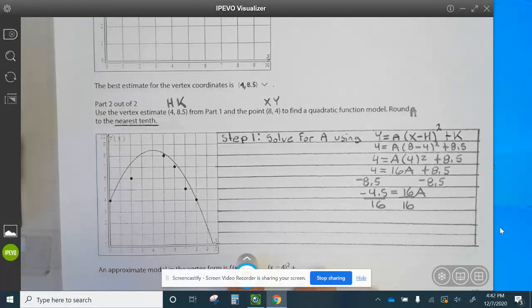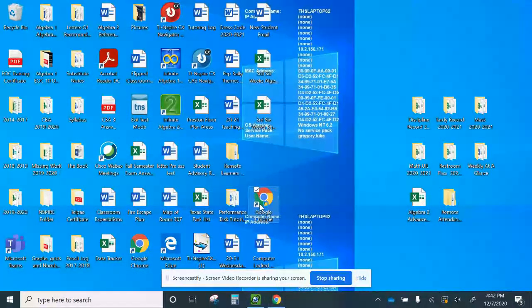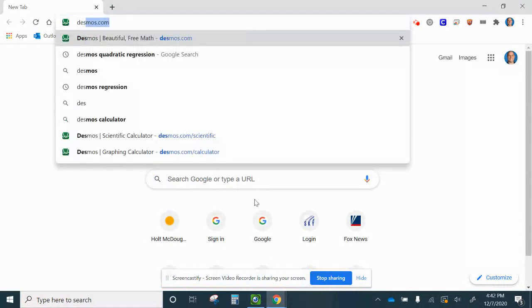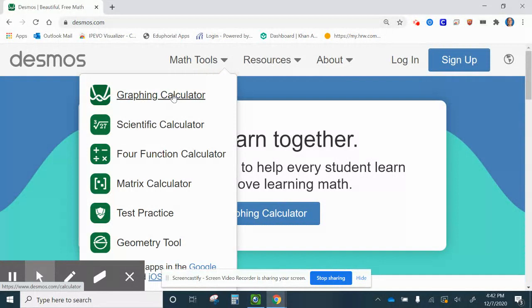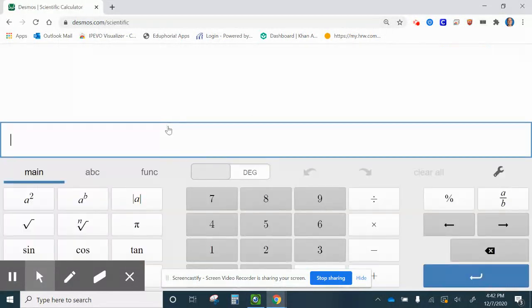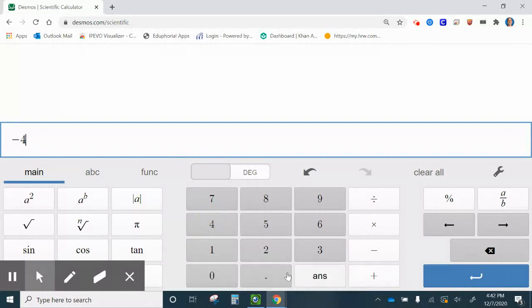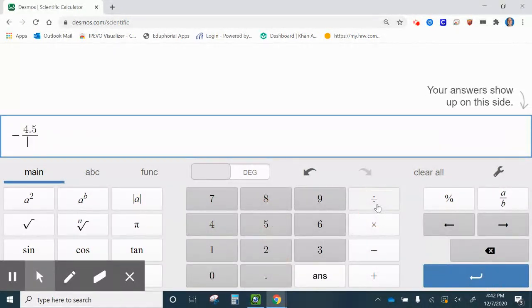We're going to plug that into our calculator. So let's go to Google, Desmos.com. We want the scientific calculator. Negative 4.5 divided by 16 is negative 2.8. They want it to the tenth place, so that's going to be negative 0.3.